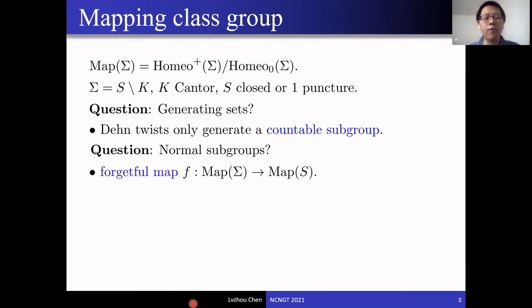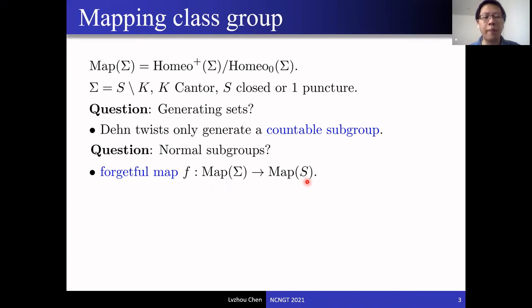First, there is a forgetful map from our big mapping class group to the corresponding ordinary mapping class group. So one nice way to think about mapping classes in the big mapping class group is that you think of these as mapping classes represented by homeomorphisms on the surface S, preserving the Cantor set.